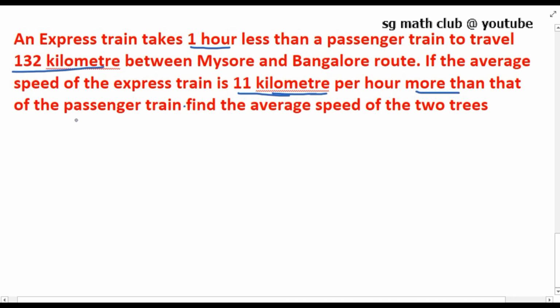So we can take the average speed of the passenger train as x km per hour.